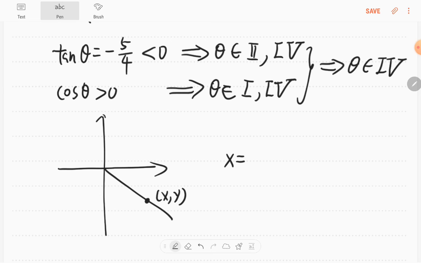Which one is correct based on the quadrant? In the fourth quadrant, x is always positive, so y should be negative. Tangent theta is y over x, so we can take x to be 4 and y to be negative 5. Then tangent theta would be negative 5 over 4.